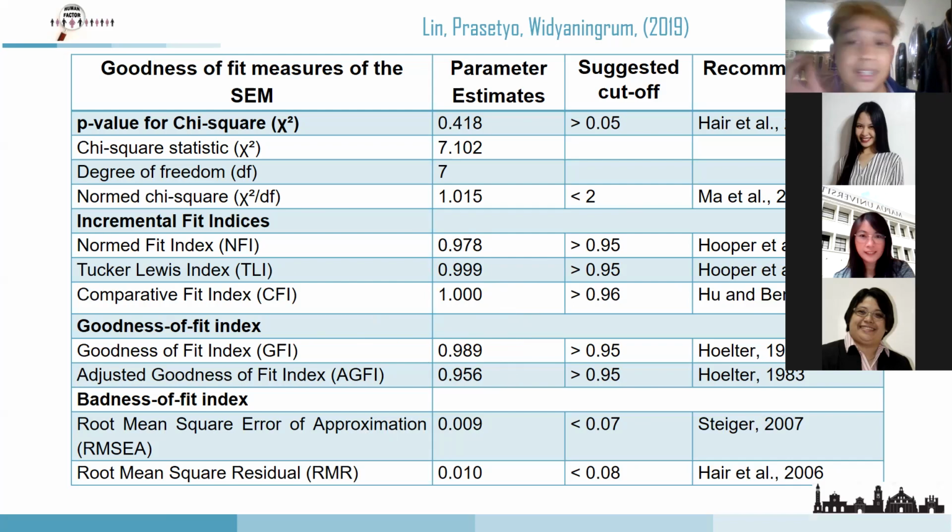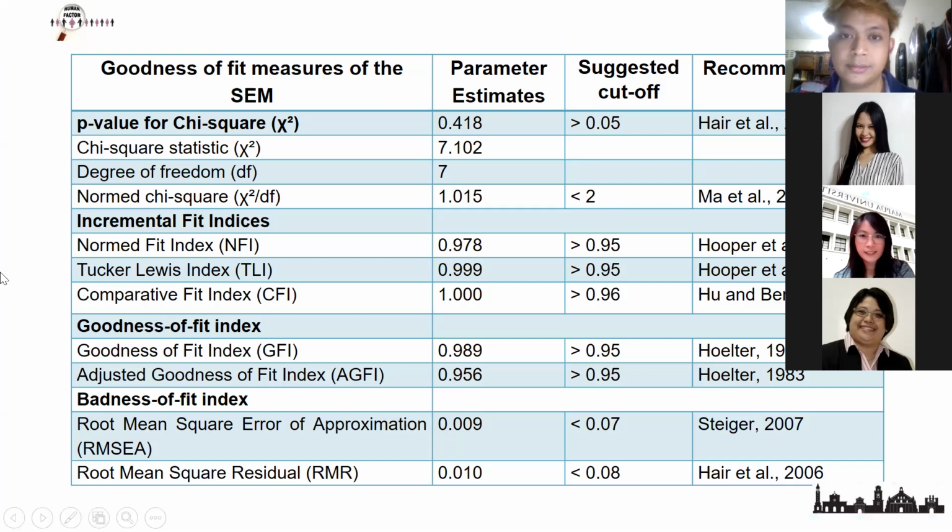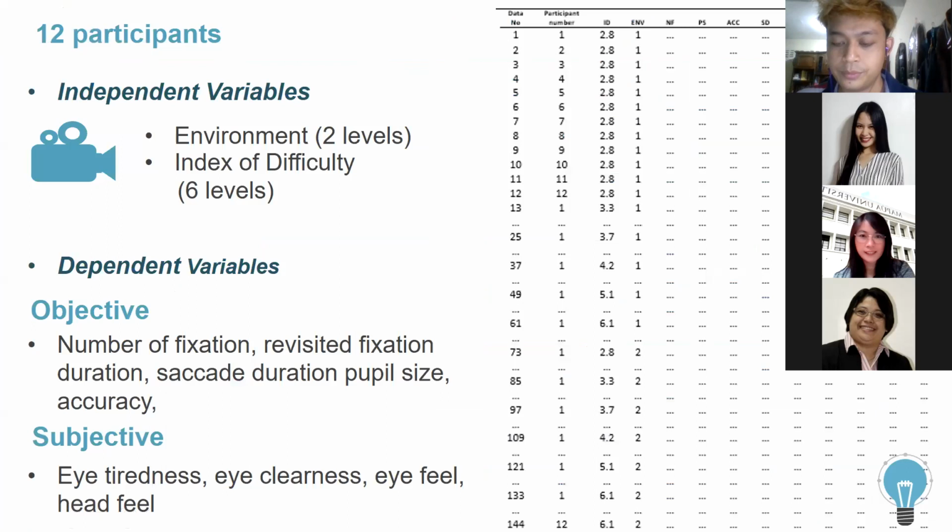Yes, ma'am. Sir Yogi, based on Janice's question, can you go back to the previous slide? Sure. For this one, we're using a limited number of participants, and you have the objective and subjective dependent variables. For the subjective part, will it be affected by intervening variables like learning, motivation or tiredness?